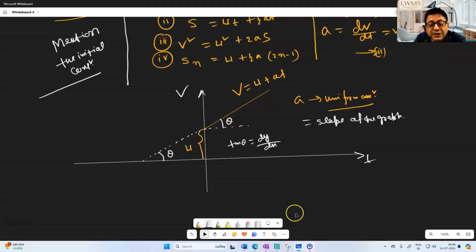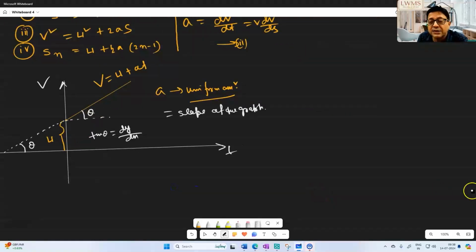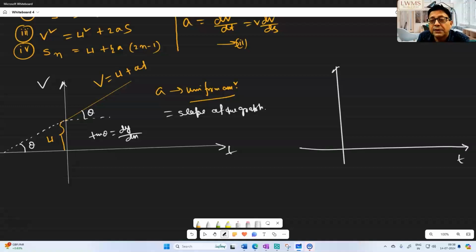So for v equal to u plus at, the graph is a straight line when acceleration is there, but if there is retardation, the graph will take this form. This is time, this is v, with some maximum velocity, its value reducing. This is the graph when acceleration is less than 0.